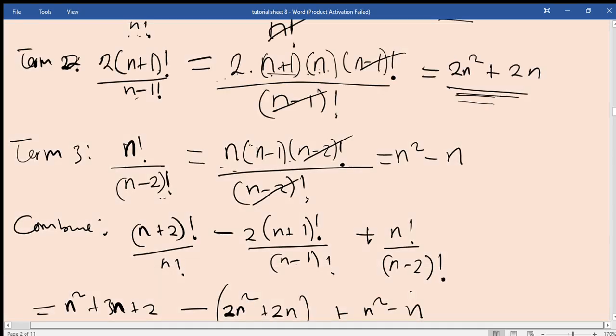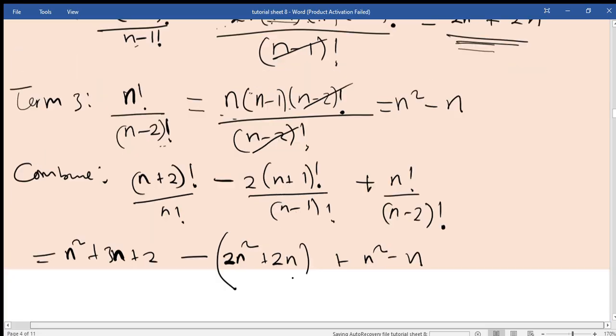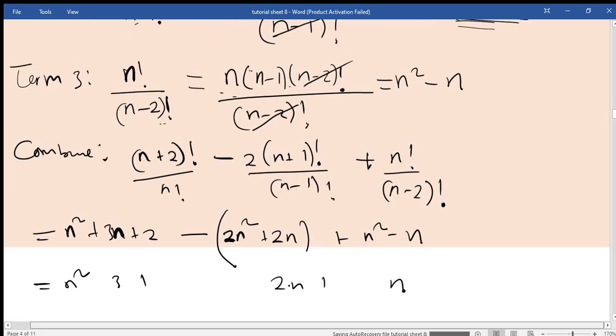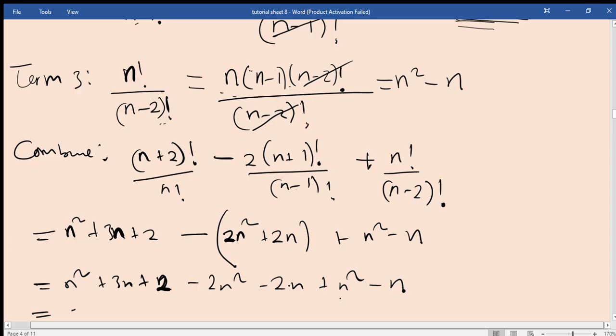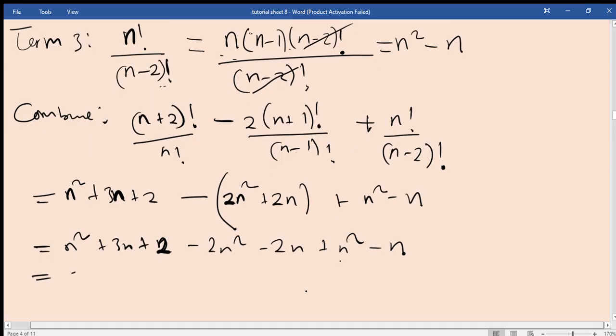So we're now talking about combination there. After combining, we'll have something like that, so when we group the like terms, what are we going to have? We're now going to have n squared plus this n squared, which will give us 2n squared, but there is minus this 2n squared there. Then we have 3n minus 2n, this is an n, but there is another minus n there.